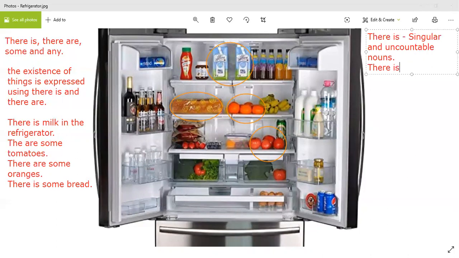Example, there is a bottle of wine. This is a singular noun. That's why I say a bottle, because it's one. There is a bottle of wine. What is the bottle of wine in here? Simple. Here we got a bottle of wine. Do you see it? That is a bottle of wine.